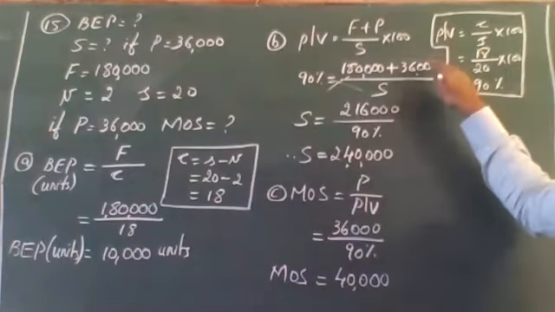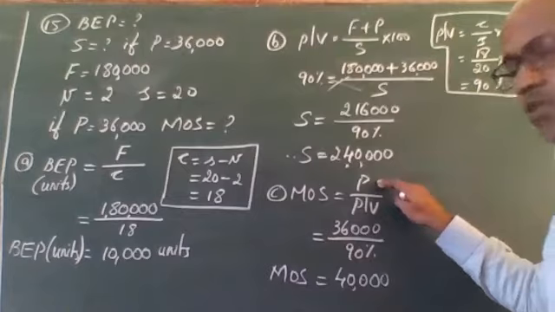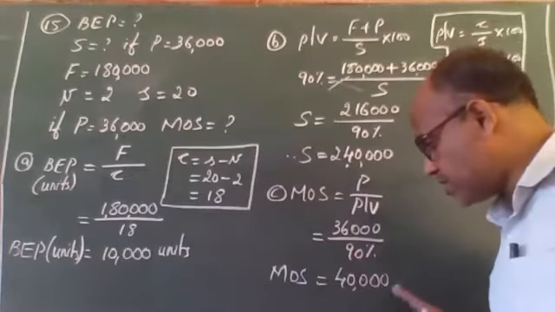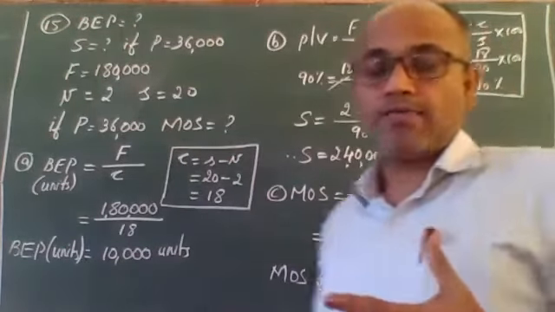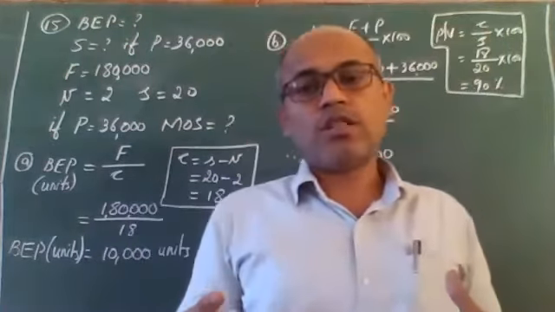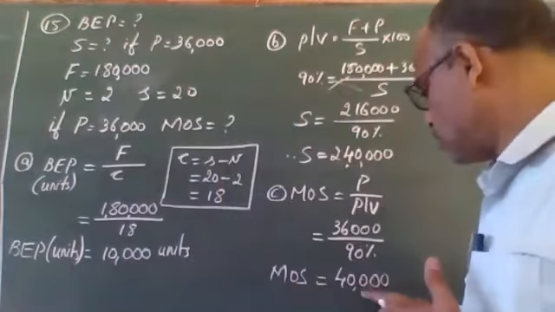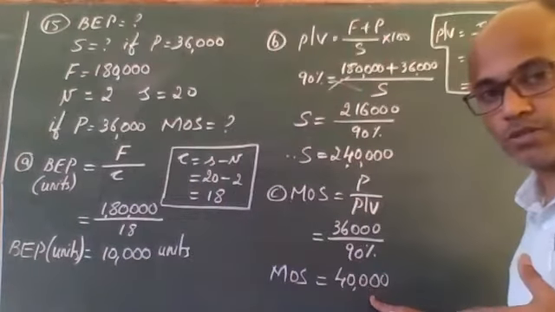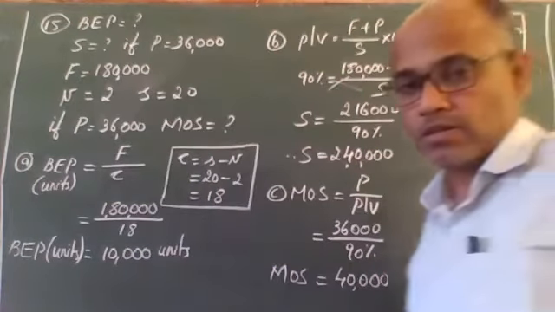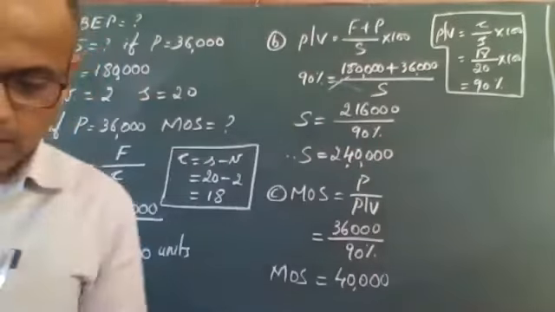And if you are looking at 36,000 profit, you are having a safety sales of 40,000. That means beyond break even, you are selling 40,000 rupees. Is this okay? This is question number 15. Any questions here?